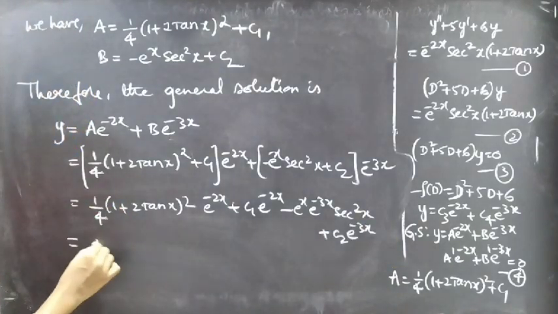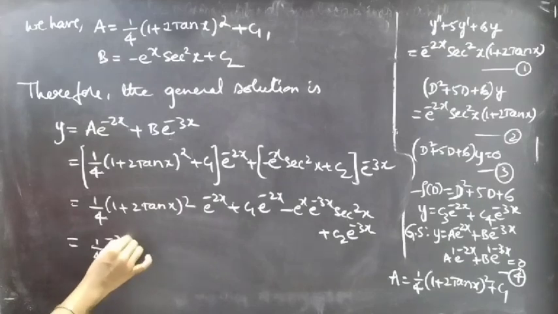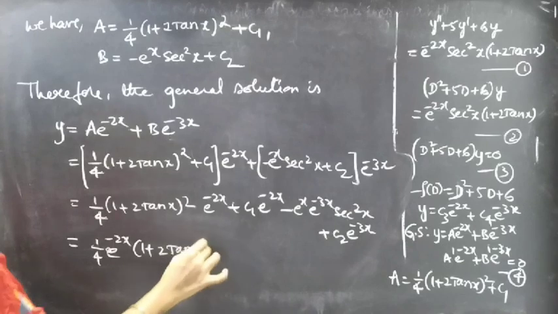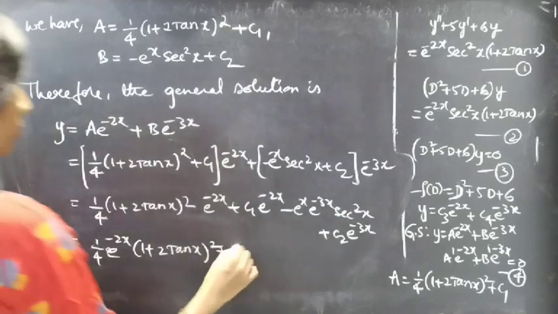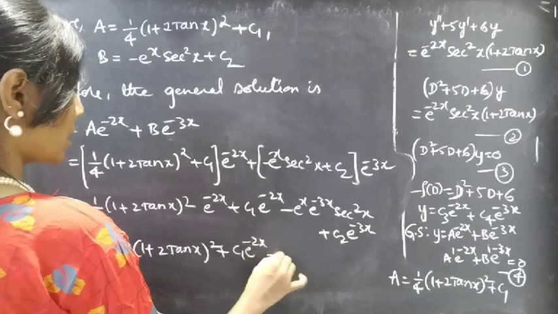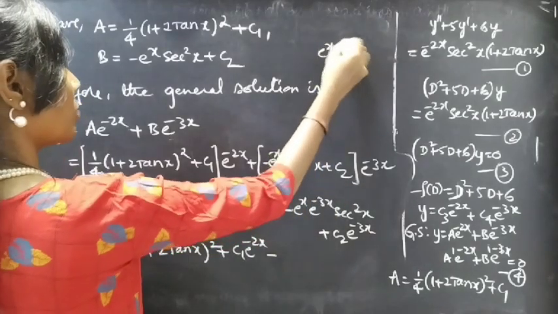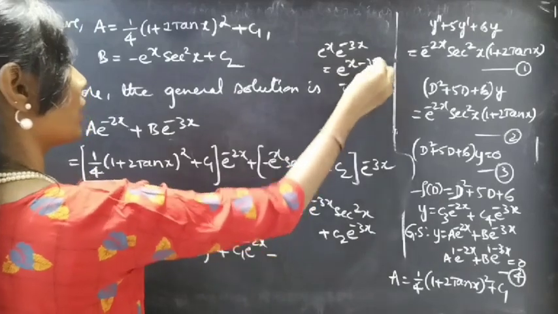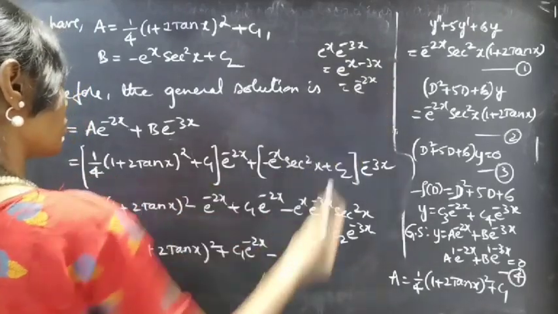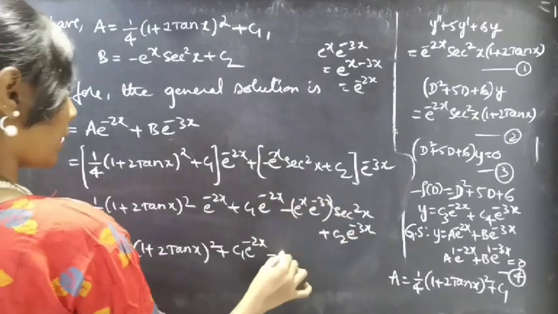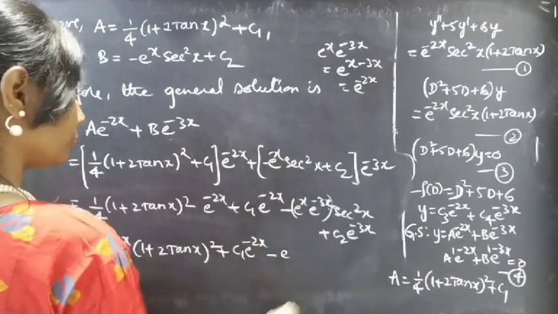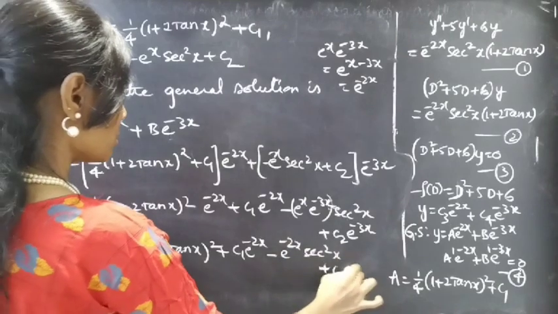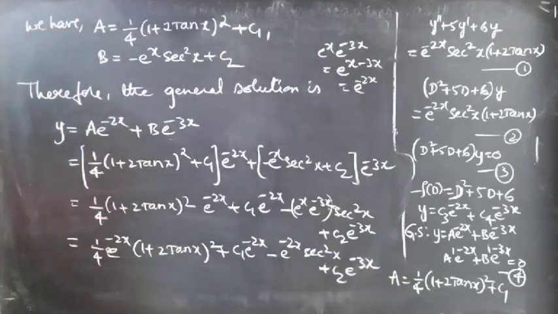Or we can write it as 1 by 4 e power minus 2x into 1 plus 2 tan x whole square plus c1 e power minus 2x minus e power x into e power minus 3x, which gives e power x minus 3x, which equals e power minus 3x plus x, which is minus 2x. You can replace it with e power minus 2x into secant square x plus c2 e power minus 3x.